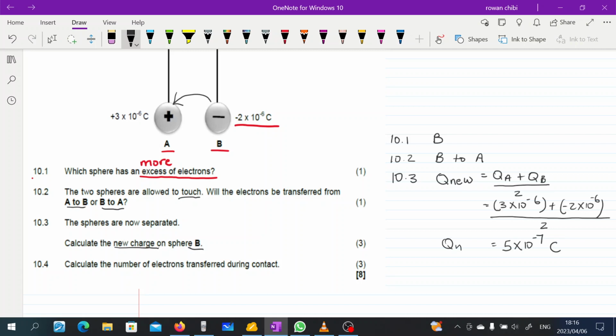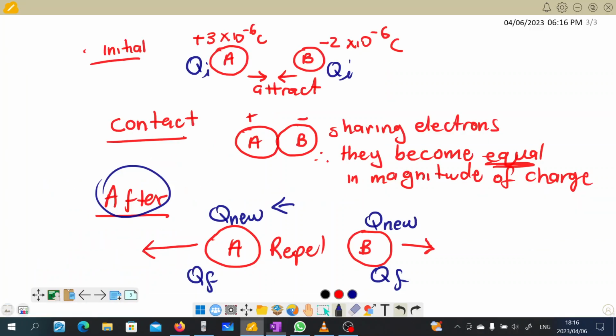In other words, both of these charges, A and B, are going to be 5 times 10 to the power negative 7 coulombs. This one also will be 5 times 10 to the power negative 7 coulombs.